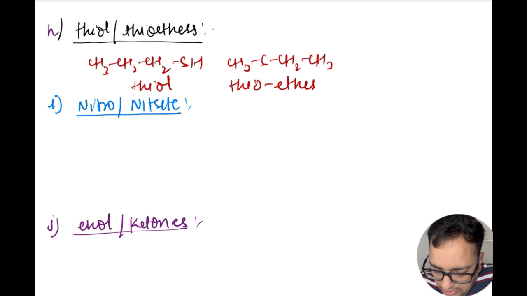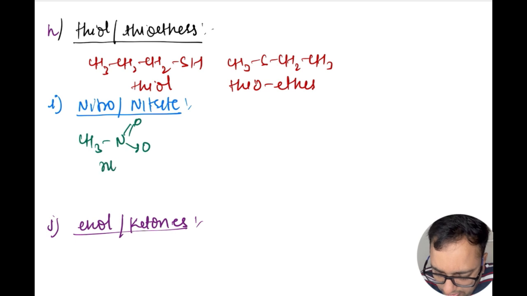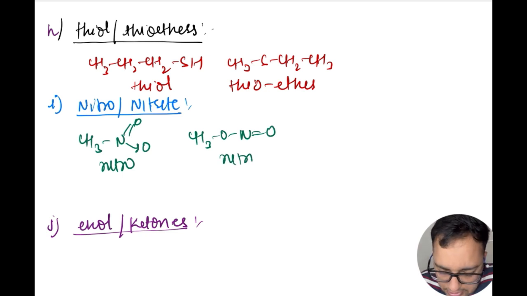Next we have nitro and nitrite. So this is nitro, CH3 and double bond O, then O. This is called nitro, and CH3O and double bond O is called nitrite. So these are again a category.